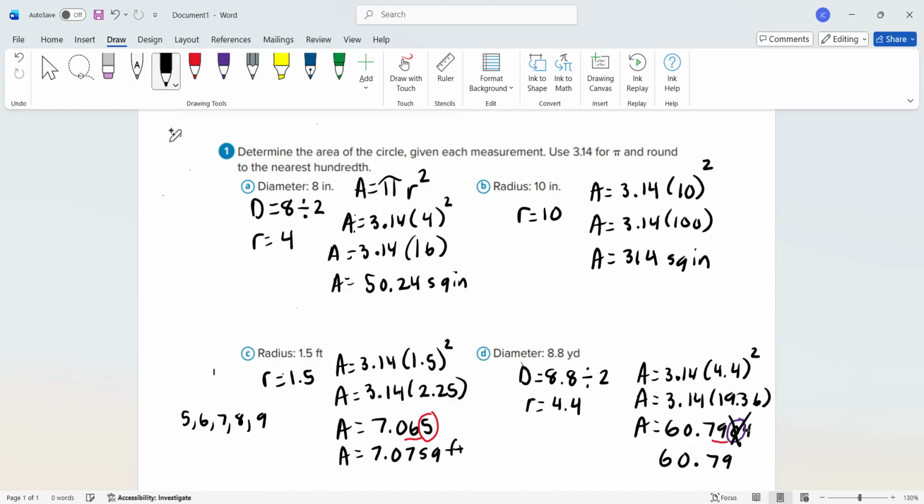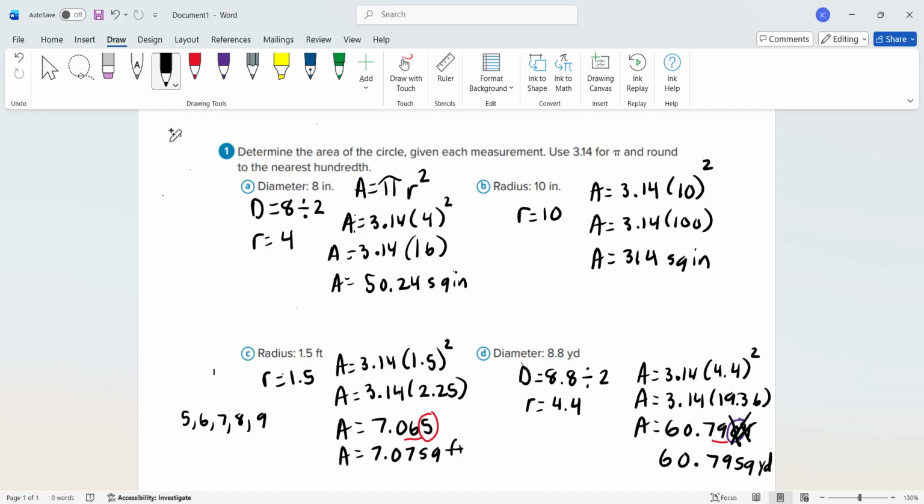And if you're wondering about that 4, well, anything behind the number we circled just goes away. So we crossed out the 0, and you can even say we crossed out the 4, and we leave everything in front the same. So my answer ends up being 60.79 square yards.